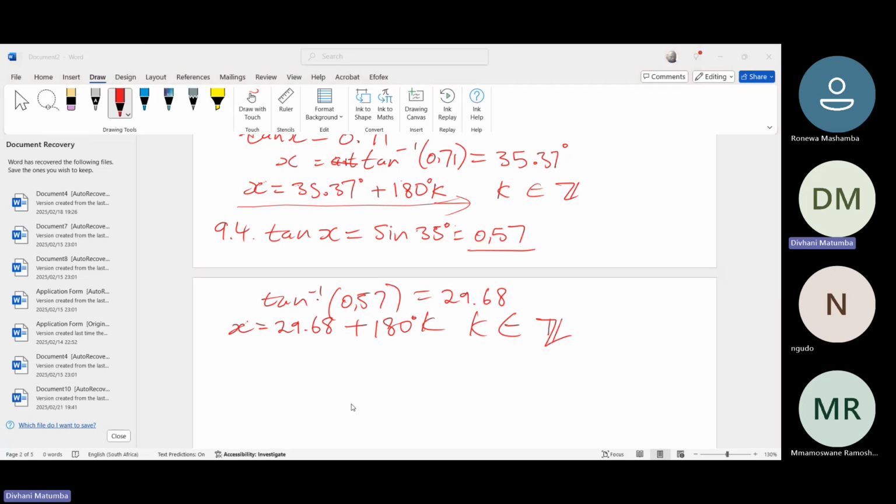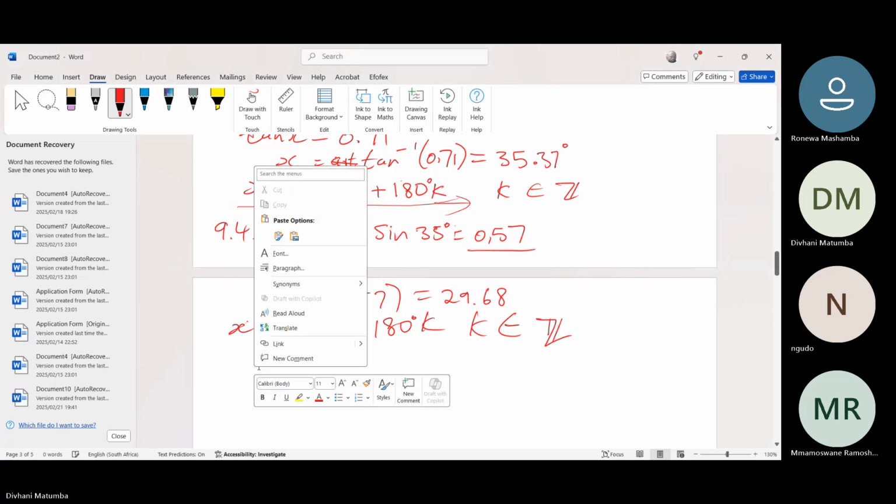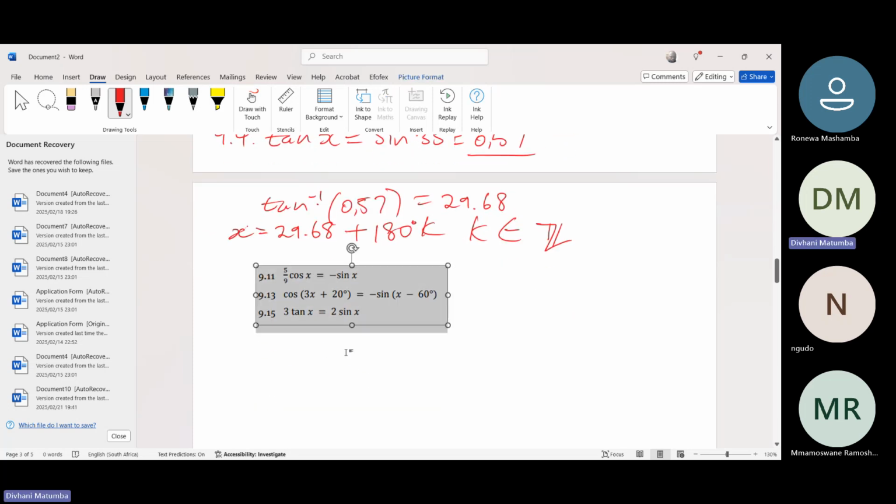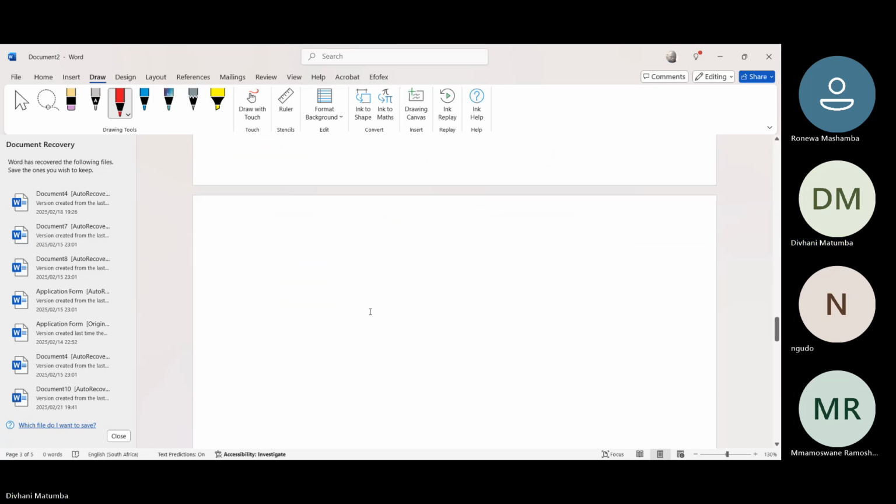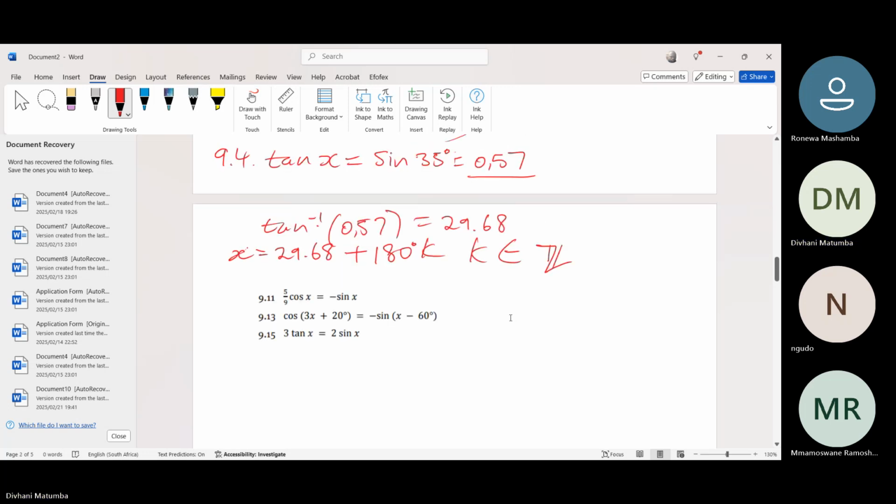So it's that easy. Let me give you a more complicated example. Try the first one.